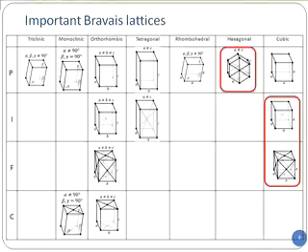One is the cubic, body-centered cubic and face-centered cubic, and the last one is the hexagonal. I'll explain these three primarily because the semiconductors of interest, silicon, germanium, silicon carbide, for example, mostly occur in the cubic, body-centered cubic and face-centered cubic, as well as hexagonal structures. So we'll spend some time.